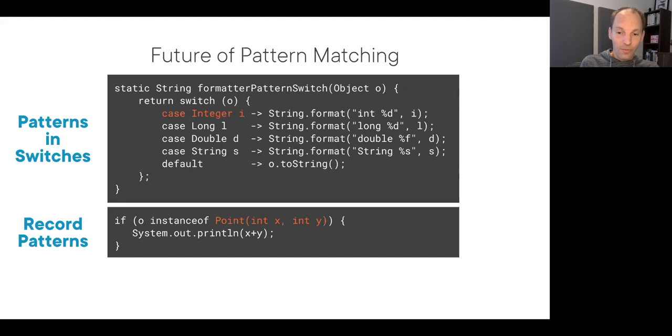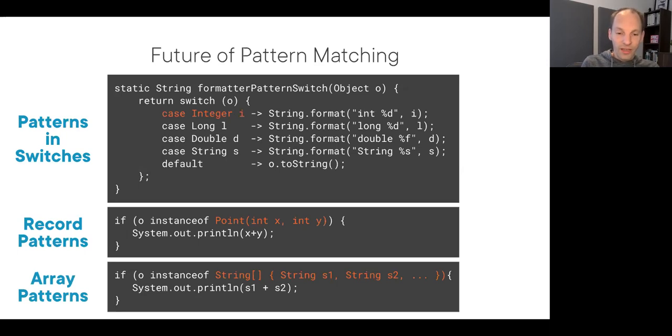And if that's so, immediately bind the two components to these local variables, to these pattern variables, x and y, so that we can start using them. And we don't have to extract them using the accessor methods. Now, again, this is not in Java 16 yet. This is something that is being worked on currently in OpenJDK, but this is a very likely future direction for the pattern matching feature to evolve in.